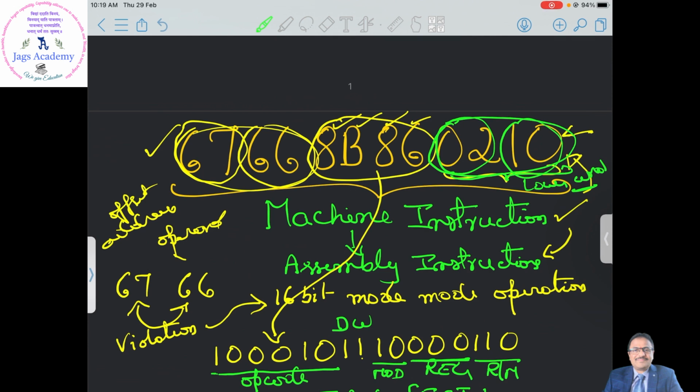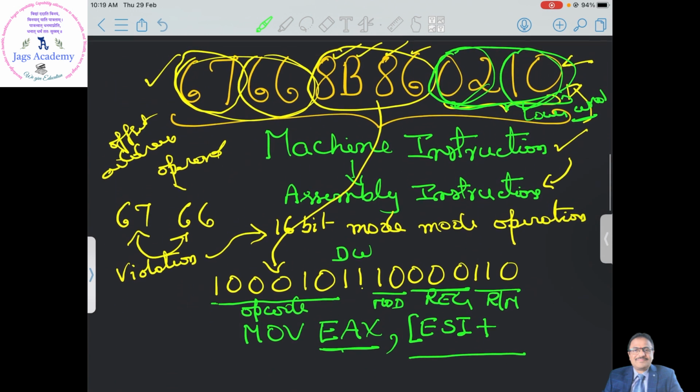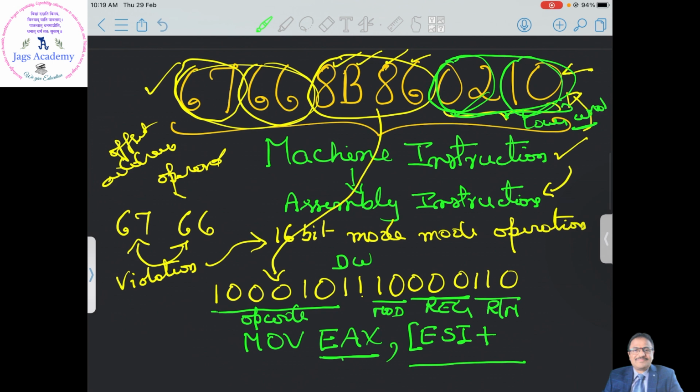When this machine instruction is stored in memory, the lower byte of the displacement is stored first, the next byte next, and then it goes towards the higher bytes. That means here you will have the lower byte, 02 comes first, then 10, then it has to be made 32-bit.